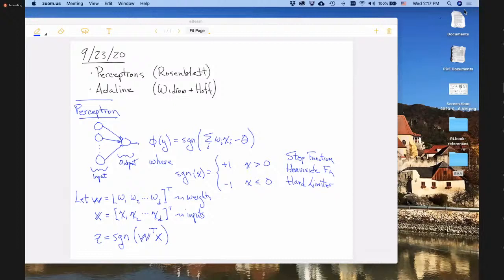And for our purposes, we are going to go ahead and assume that theta is equal to 0. And by doing that, we're not going to directly include it in the model. We will include it in the model later, but for the purposes of what Rosenblatt was doing, we're not.